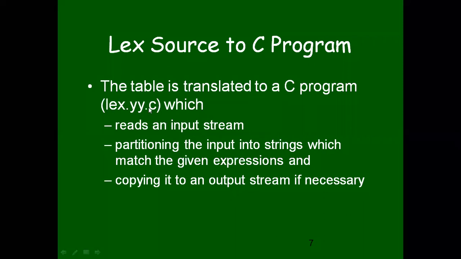Taking lex.yy.c as input, that is translated into a C program. Now, by using the C compiler, after performing the compilation, we produce a.out, which is an object file. And that output file reads an input stream, and finally it generates an output stream in the form of tokens.